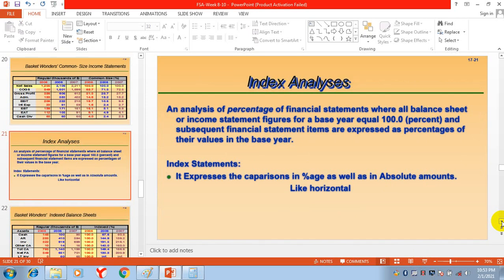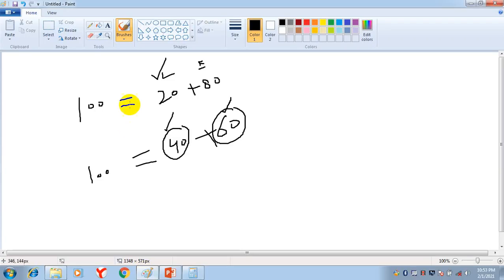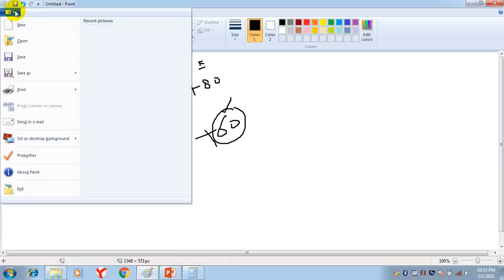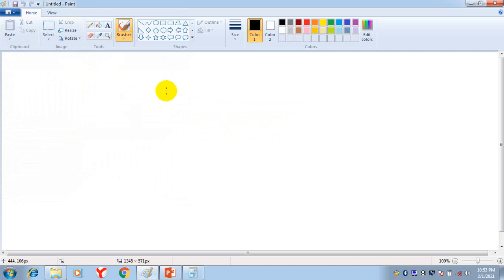Now come to index analysis. I told you in the previous class that in index analysis, we have data of 2005, 2006 and 2007.